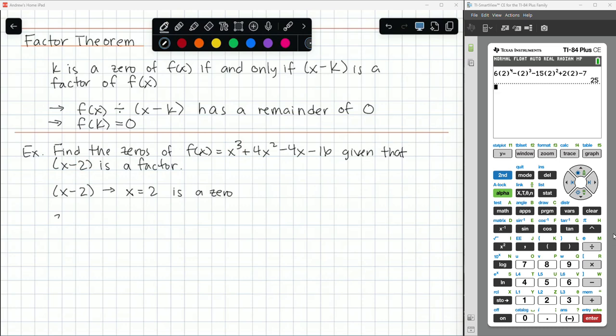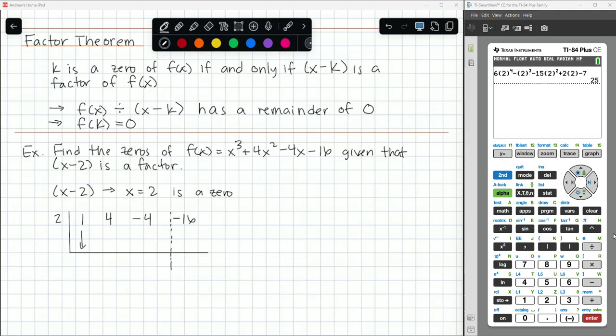So k is equal to 2. The coefficients of my polynomial are 1, 4, -4, and -16. And I know that that last box should give me my remainder.